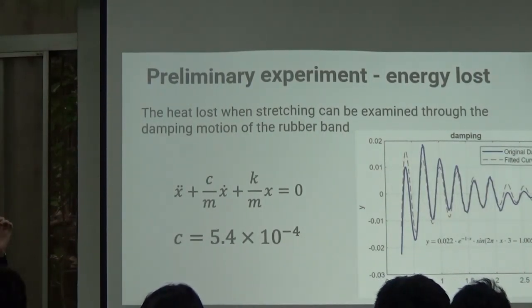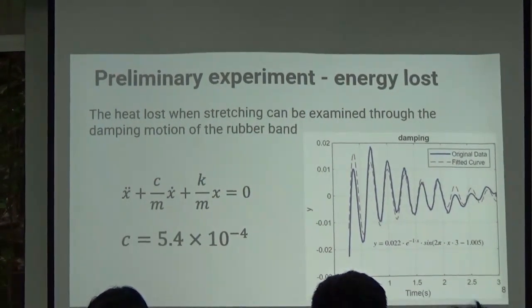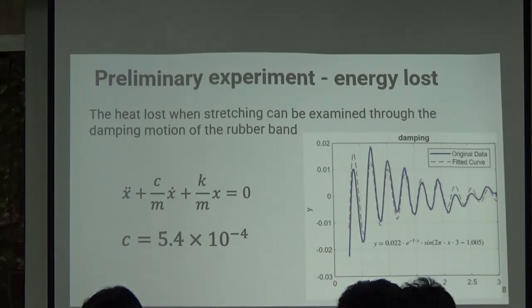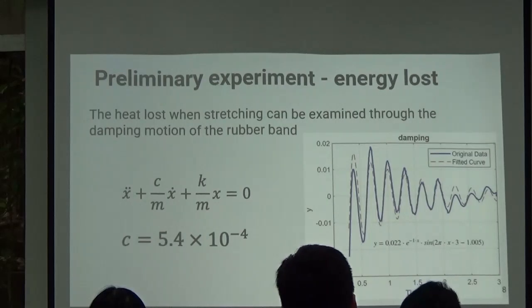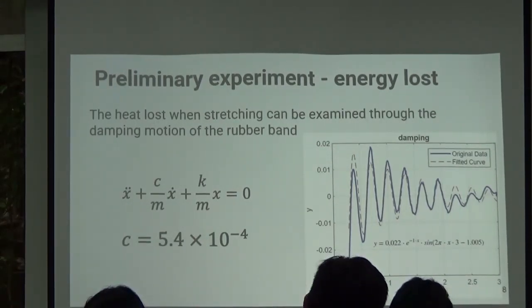However, we all know that when the rubber band is stretching, it will cause some heat loss during the process. So in order to investigate this heat loss, we investigate the damping motion of the rubber band string. As you can see, we simulate this damping motion and find that the coefficient of damping is really small. Therefore, we consider this heat energy loss to be negligible.